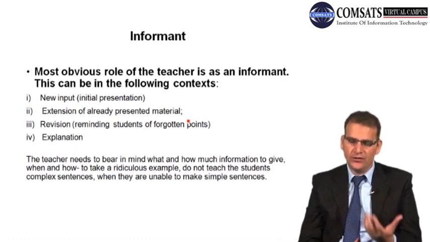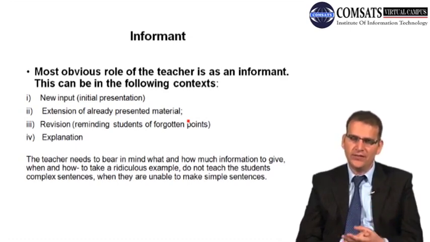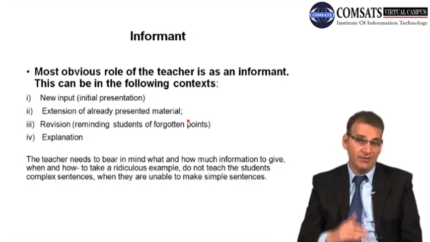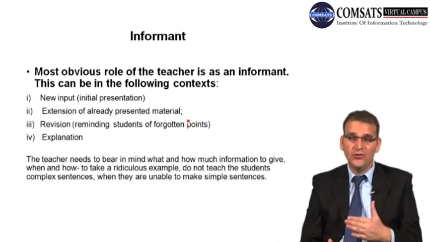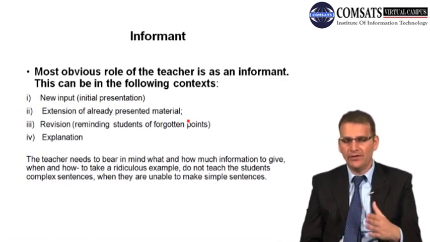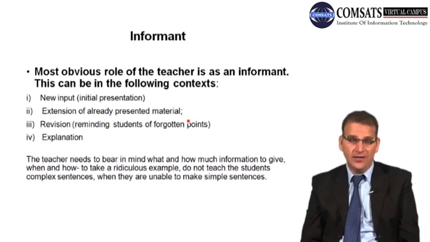A ridiculous example: do not teach the students complex sentences when they are unable to make simple sentences. Again, the point is that you need to go with the level of the students. If you're talking about complex sentences and you know they are unable to make simple sentences, the sequential order is important. We need to understand what students have already done, right?